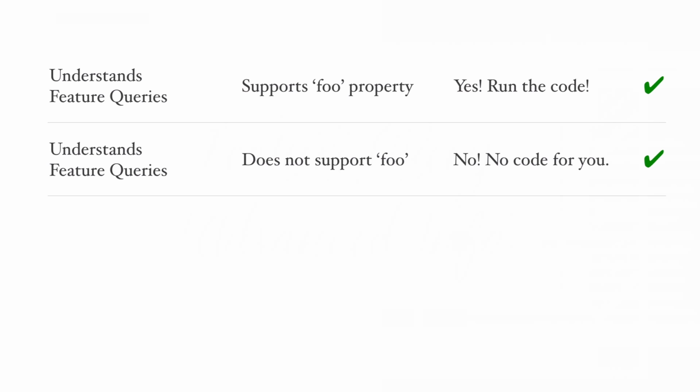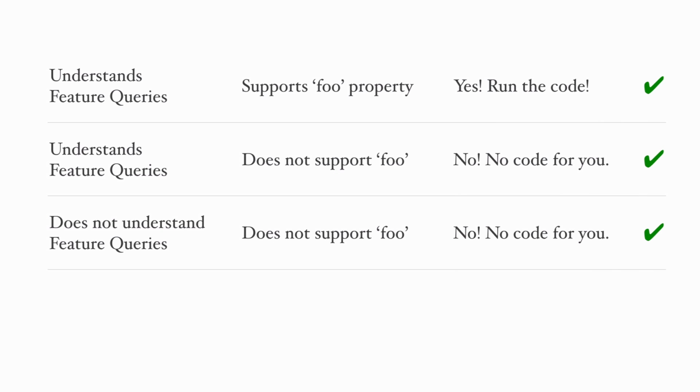Everything's good to go. If it understands a feature query and knows that it does not support the thing you're testing, so you're in a browser that supports feature queries but it doesn't support this new thing, it doesn't run the code. That's great. That's exactly what we want. If a browser does not understand the feature query, it rejects the entire feature query.